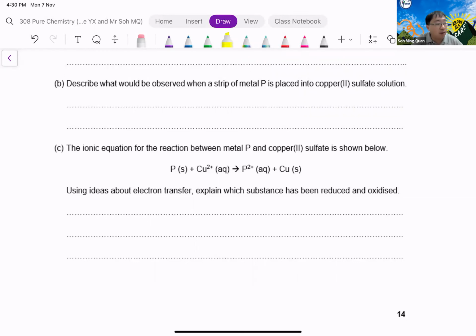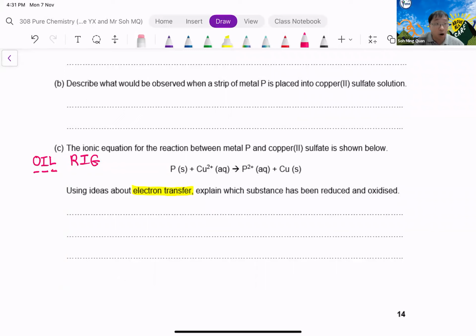Okay, they want you to explain this in terms of electrons, not oxidation states. So you now have to explain which substance has been reduced or oxidized using the idea of electrons. So let's try to recall. We have learned redox. We have learned the 4 definitions of redox, of which electrons is one of them. We use the acronym OIL RIG.